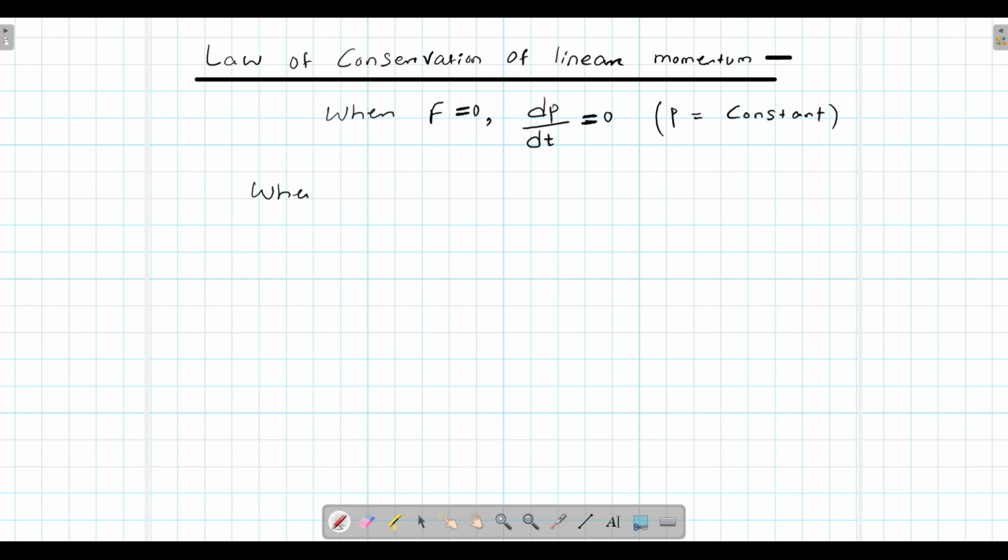When external force acting on the body becomes zero, then momentum is constant.